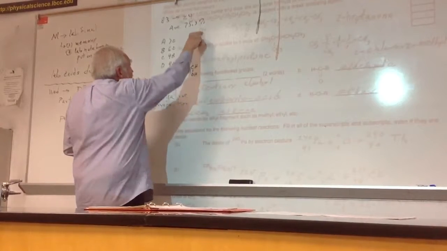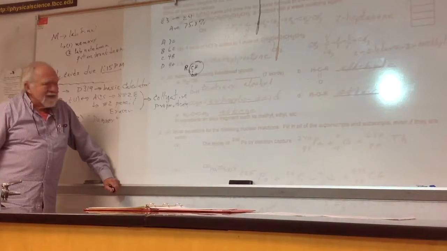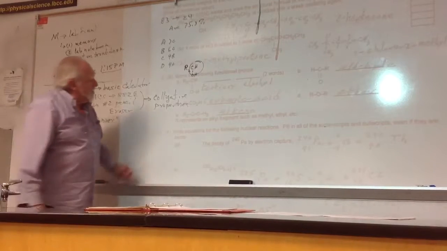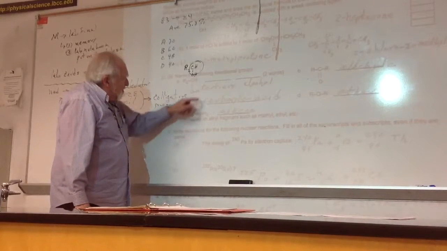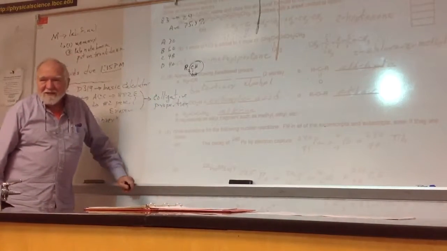This looks like this one. It says secondary alcohol. That's the thing that oxidizes to give you a ketone. This one has 3 R groups on it, so it's a tertiary alcohol. What do you get when you oxidize this?